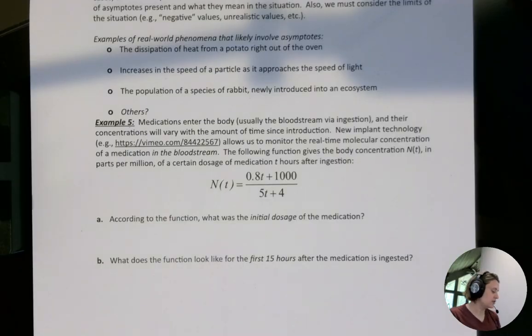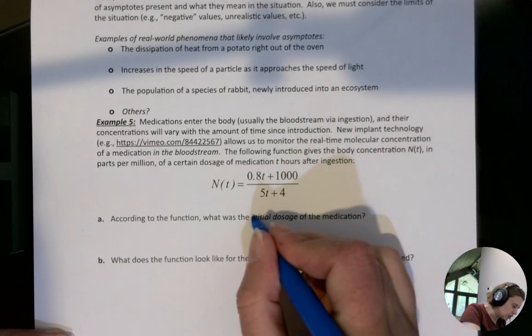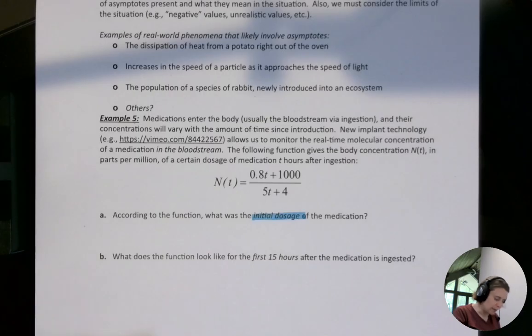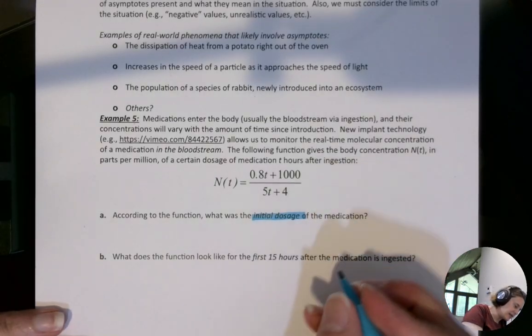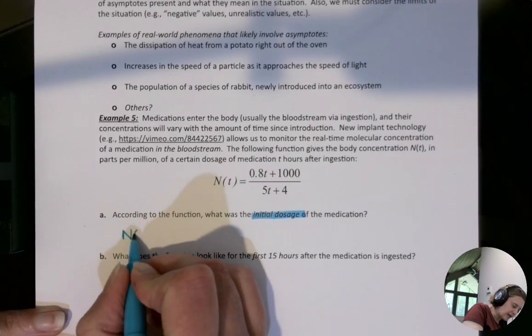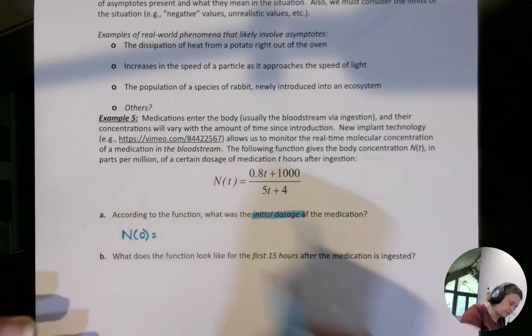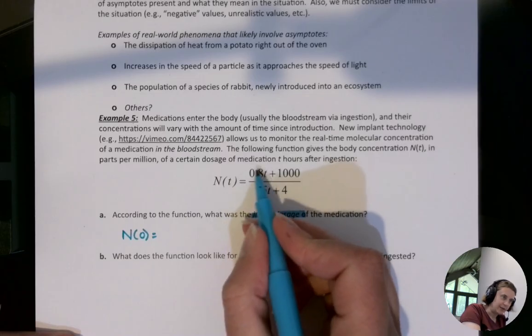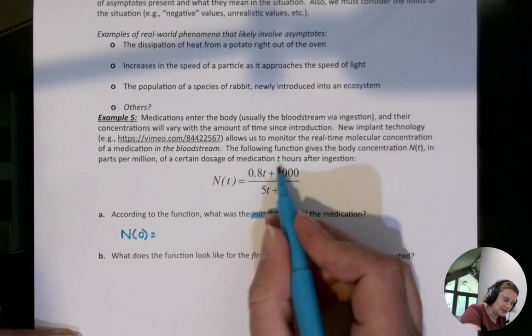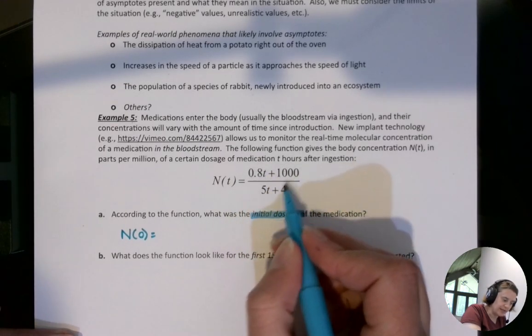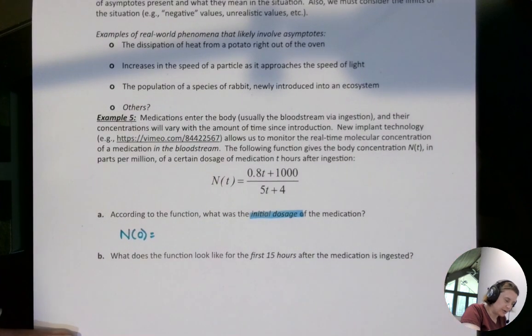According to this function, what was the initial dosage of the medication? So initial dosage is going to be the amount of medication initially taken, so taken at time 0. So I want to find N of 0. When I plug 0 in for T in both locations, that's going to give me 0 plus 1,000 over 0 plus 4.